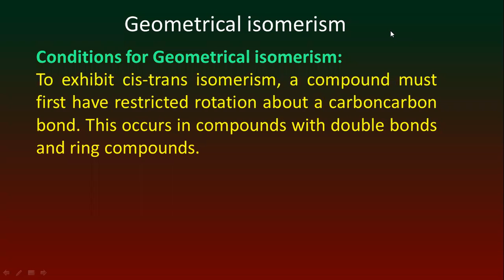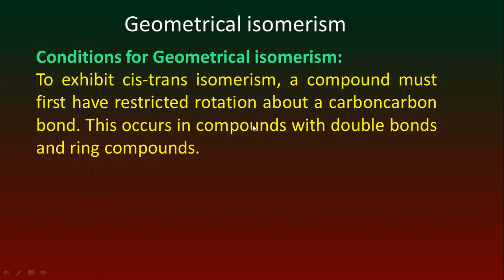Okay, to exhibit cis-trans isomerism, a compound must first have restricted rotation about a carbon-carbon double bond. This occurs in compounds with double bonds and ring compounds.